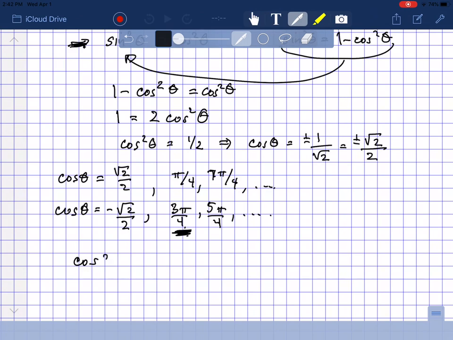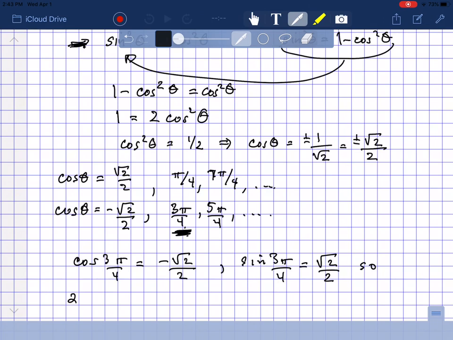So I have the cosine of 3 pi over 4, which is equal to minus the square root of 2 over 2, and the sine of 3 pi over 4, which is equal to the square root of 2 over 2. So what do we know?